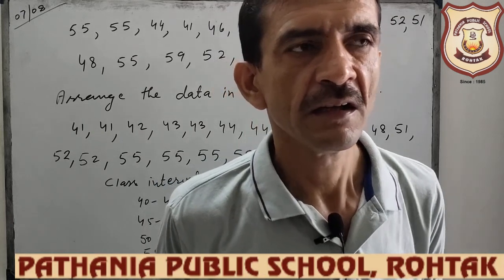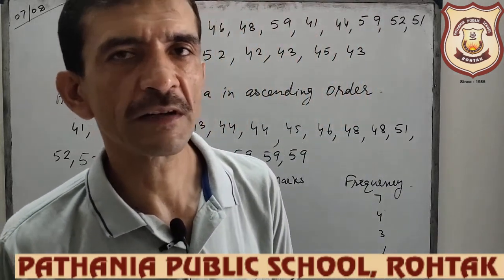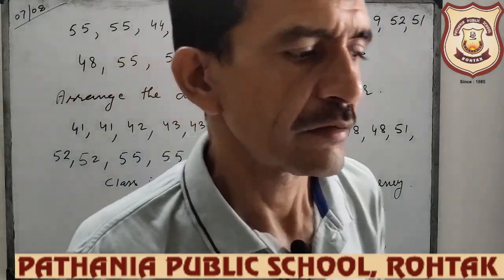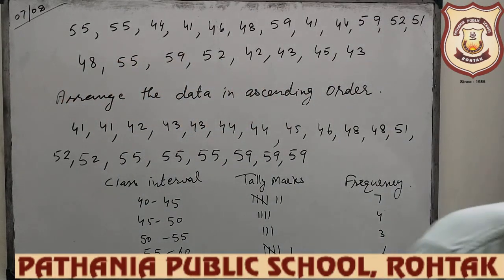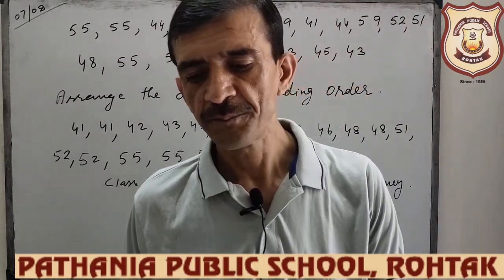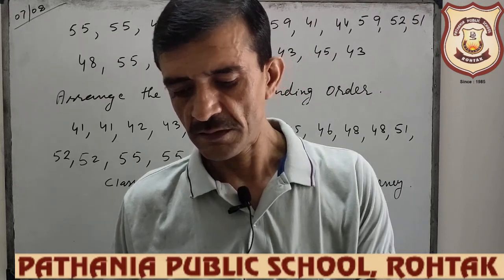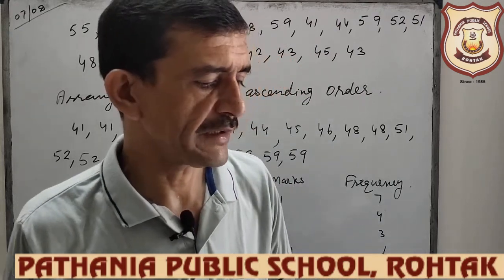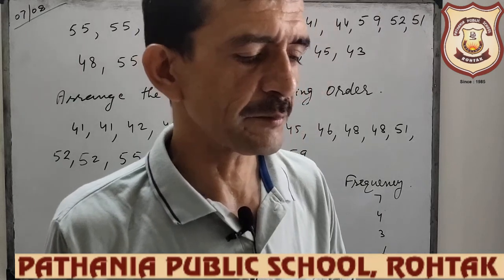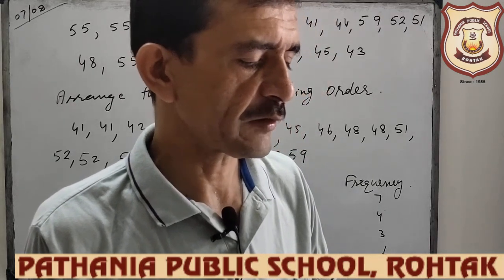If any data is given, data means information about anything, then you have to draw the bar graph and histogram of that. Suppose the given minutes taken by 20 students to complete a task; represent the data in a graph and answer the following question.